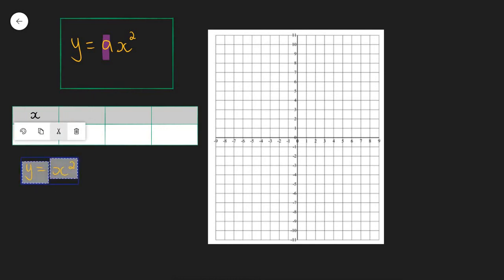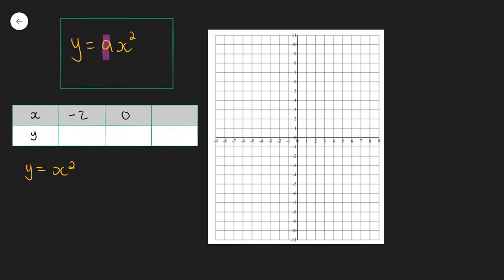I'm going to use -2, 0 and 2 as values that we will be replacing into our formula to get the y values. You can use any values here. You must have a 0, and the two numbers on opposite sides. You can even have more to the left and more to the right. They just need to be opposite in sign.